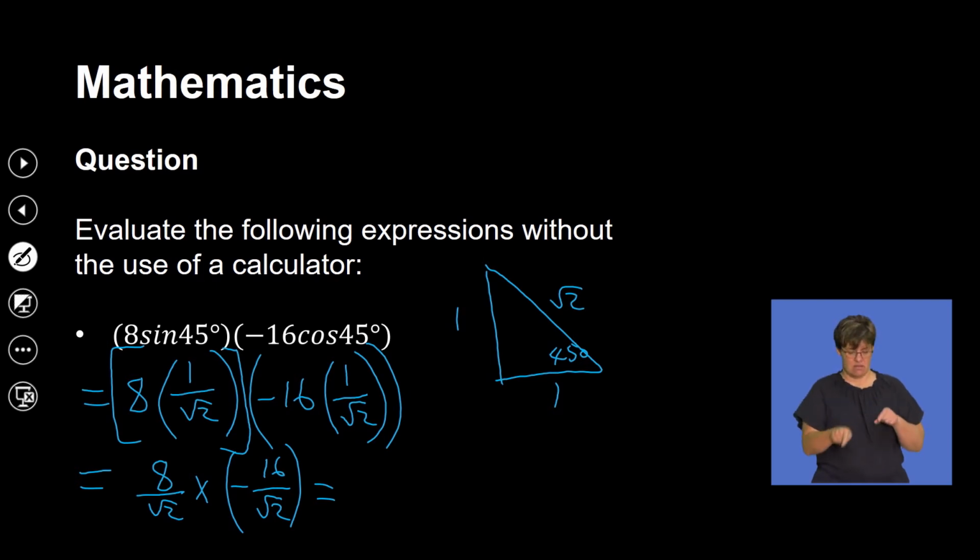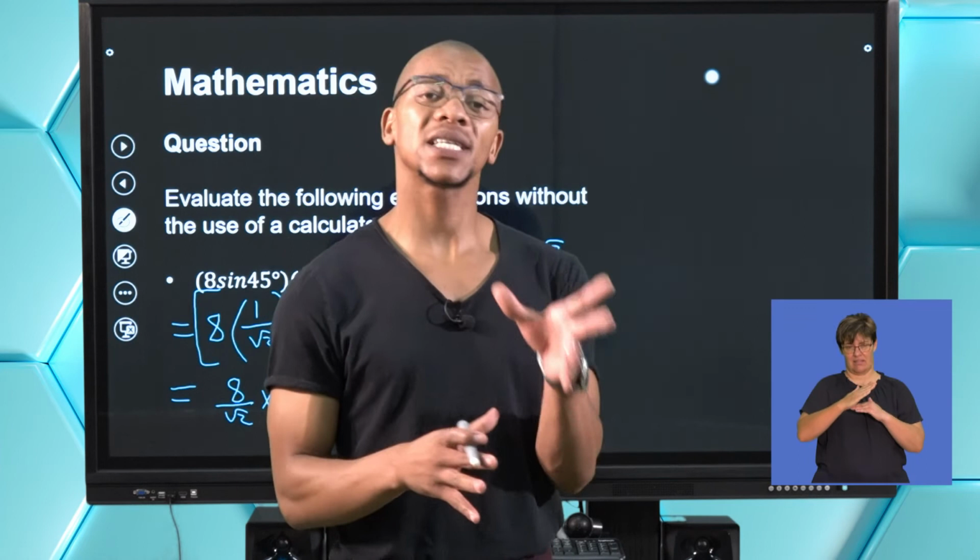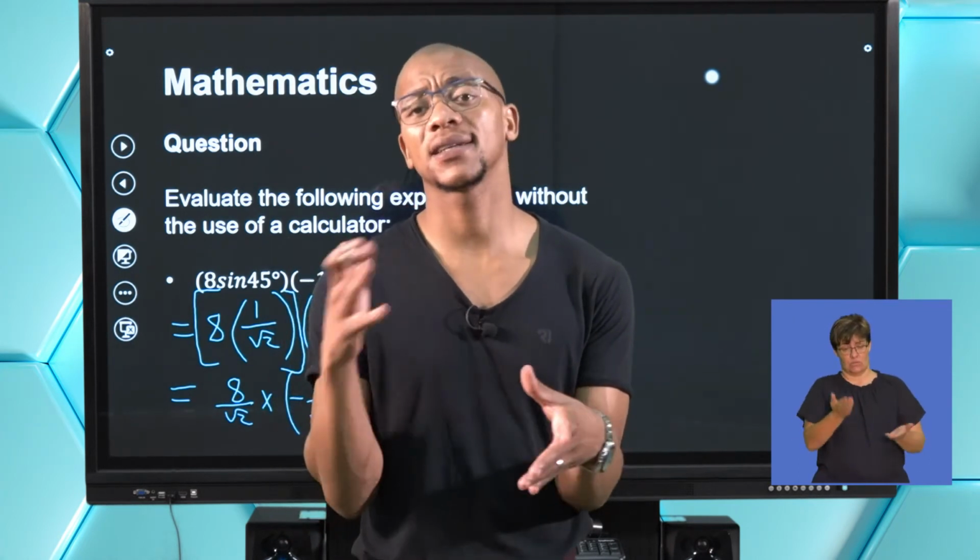On my denominator, this will be the same as 8 multiplied by negative 16, but on my denominator, root 2 times root 2 will just be positive 2. And then you can simplify that further. Let me just include brackets here so you don't think it's minus, because that's one of the mistakes that we normally make. So that's what we're really looking at here, using special angles to try and find ratios.